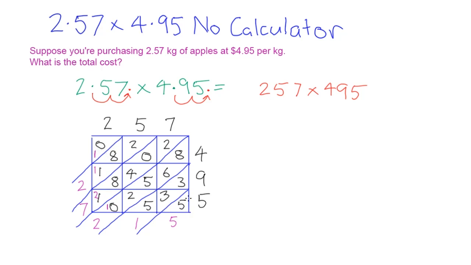And here, just like down here, there now is a 1. 1 plus nothing is, or 1 plus 0 is just 1. So the number that you write this way ends up being 127,215.